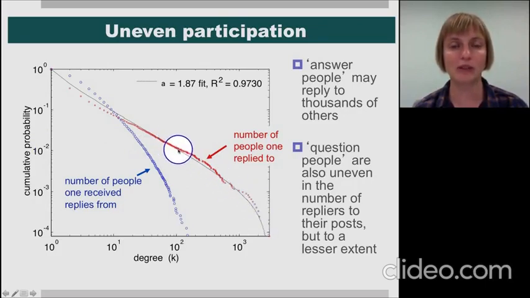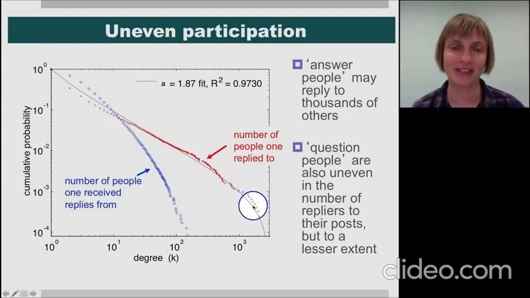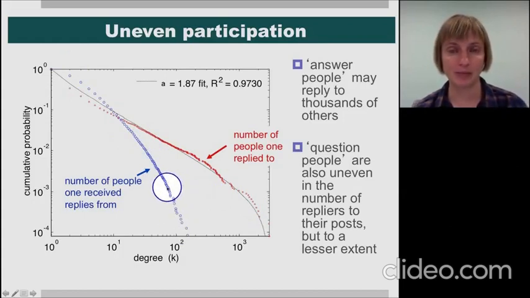This is what cumulative means. The probability up to here captures the likelihood that you have this degree or any degree that's greater. Now, we see that some individuals have helped thousands of others. If we look at the askers, there's still quite a skew in the degree, but perhaps at most an individual is helped by dozens of others.